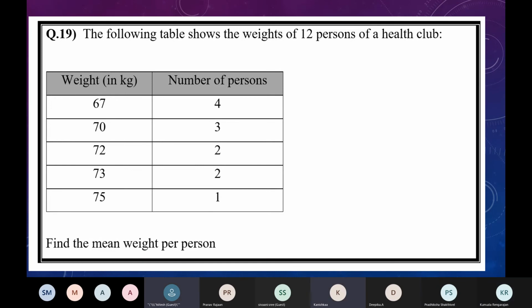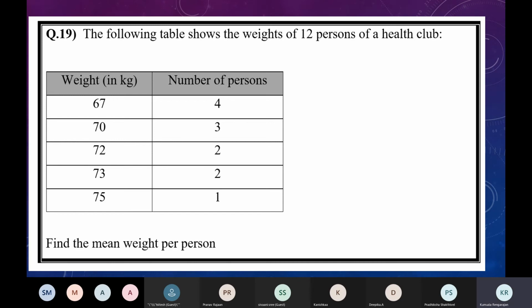There is no class interval, ma'am. Correct. The values are listed like that, and their frequency is mentioned. So since you don't see class intervals, this table is an ungrouped frequency distribution.